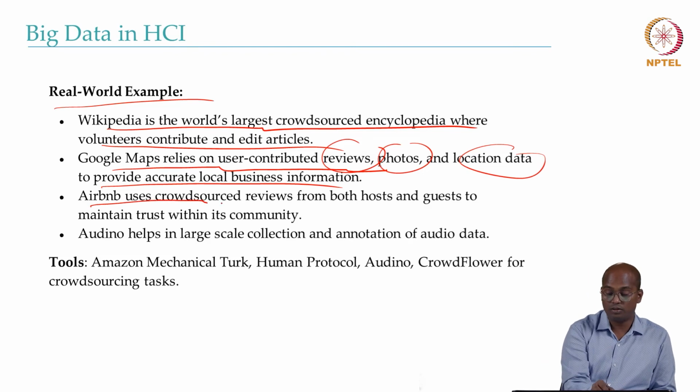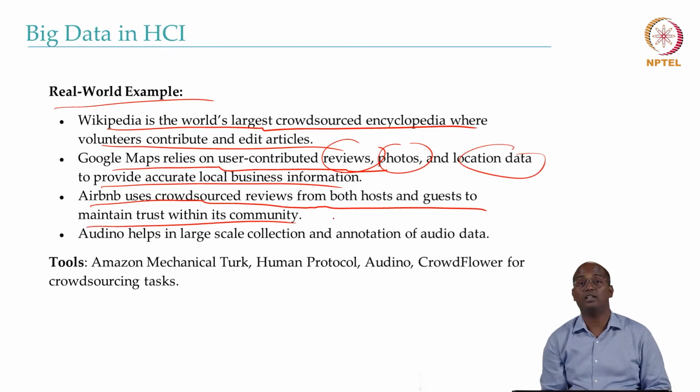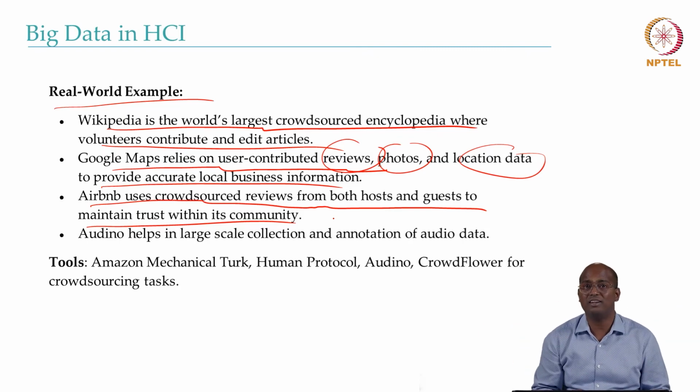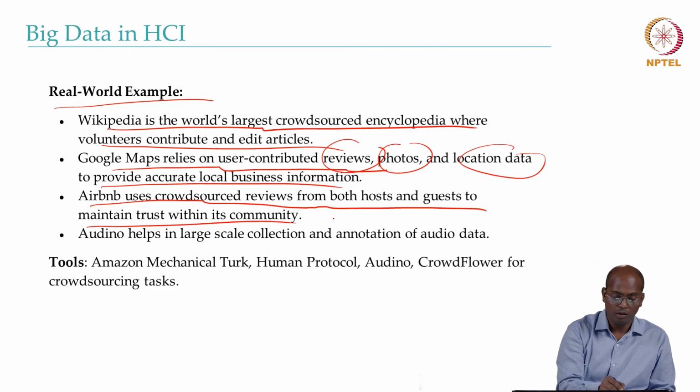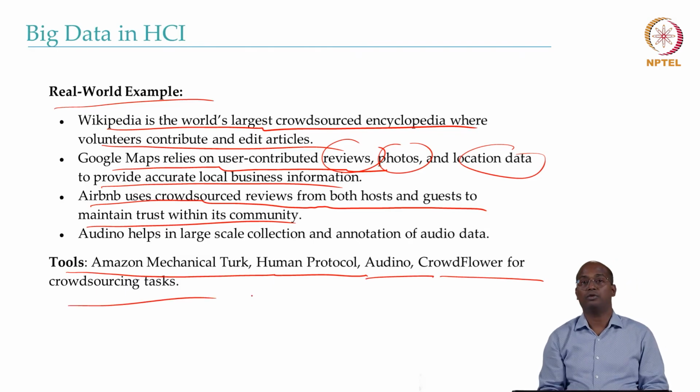Airbnb uses crowdsourced reviews from both hosts and guests to maintain trust within its community, and everything is public: what a host has written about a guest, what a guest has written about a host. So you can get a better sense of a host or a user, and accordingly make a decision. Tools for crowdsourcing tasks include Amazon Mechanical Turk, Human Protocol, Arduino, Crowdflower, and so on.